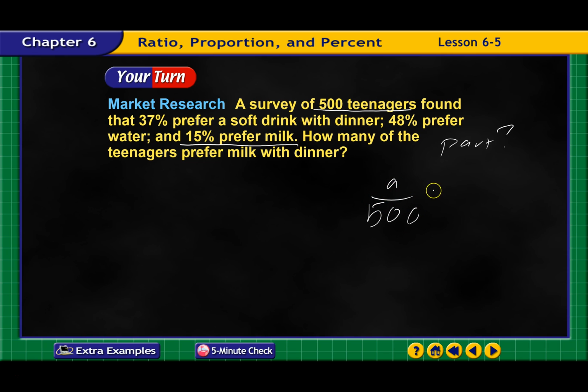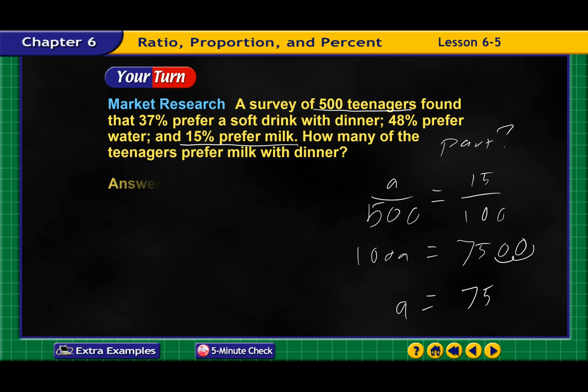I need to find the part, and I have 15 over 100. We cross products, and 15 times 500 is 7,500. And we just move that over 2, so 75 equals A. So that means 75 out of 500 prefer milk, teenagers, sorry.